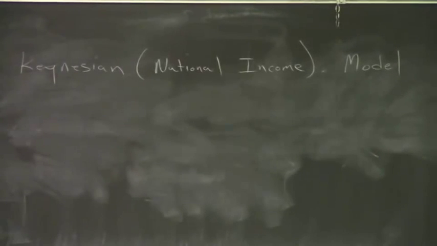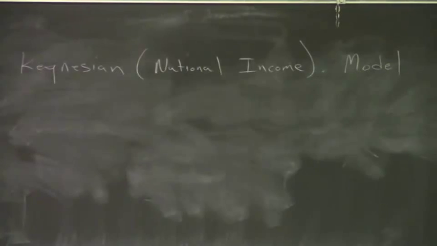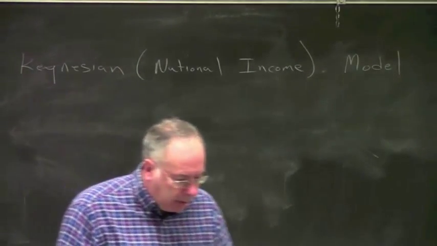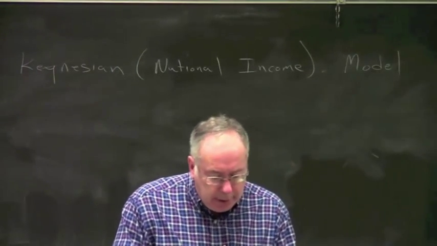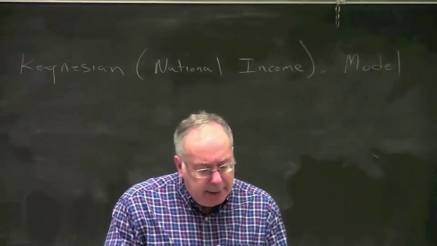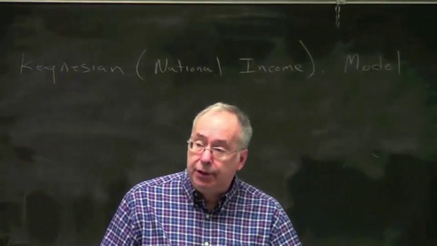The purpose of this model is to try to explain the equilibrium value of aggregate income in a simple economy, to explain whether national income is high or low. Or in other words, to try to understand the phenomena of depressions.